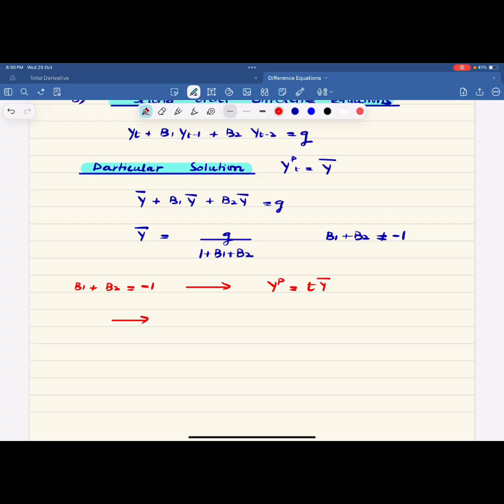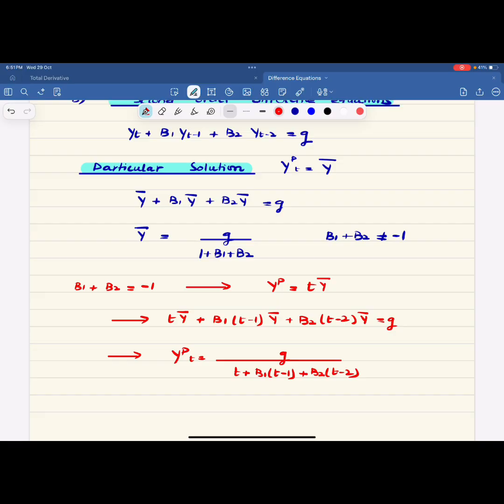We'll get t y bar plus beta 1 (t minus 1) y bar plus beta 2 (t minus 2) y bar is equal to g, and therefore the particular solution will be g over (t plus beta 1 (t minus 1) plus beta 2 (t minus 2)).